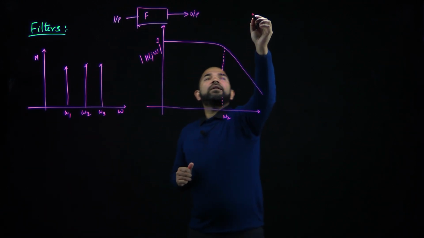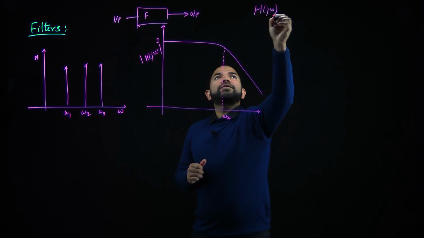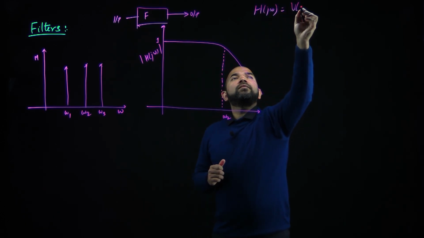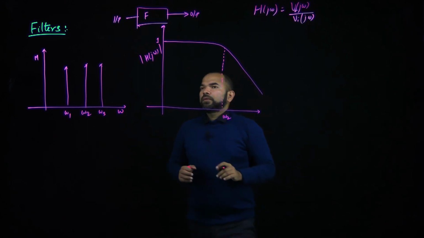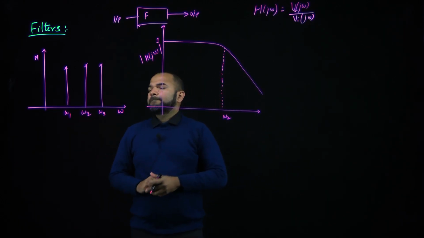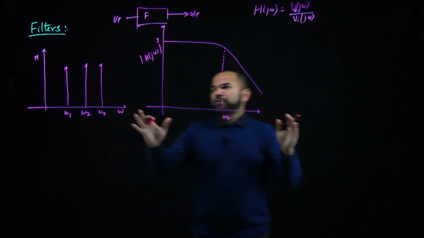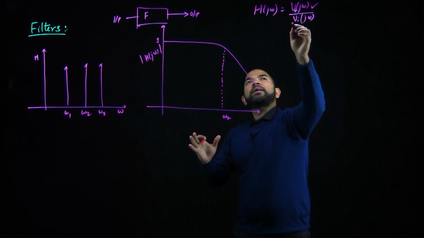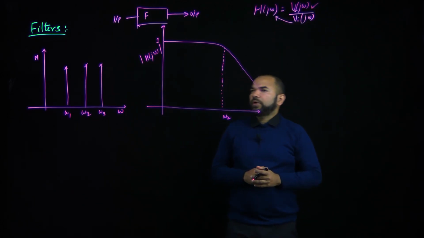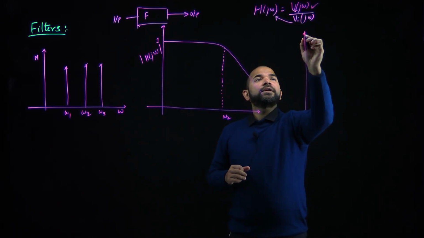We have defined earlier that H of j omega could be V out of j omega upon V in of j omega. So suppose this is our input, this is the transfer function. In frequency domain, if we want to calculate the output, we need to multiply these two together. So if we multiply these two together, what is going to be the resultant spectrum?